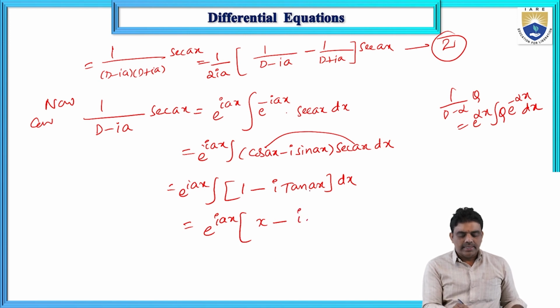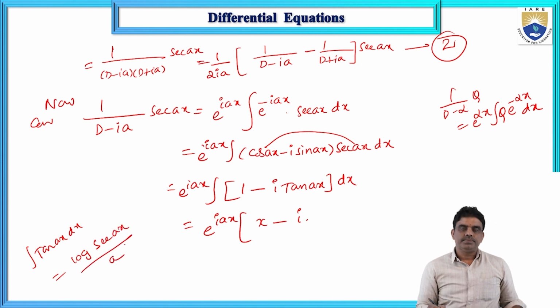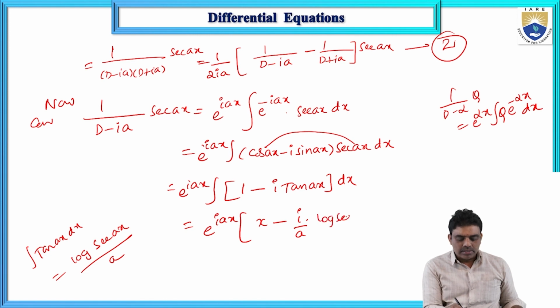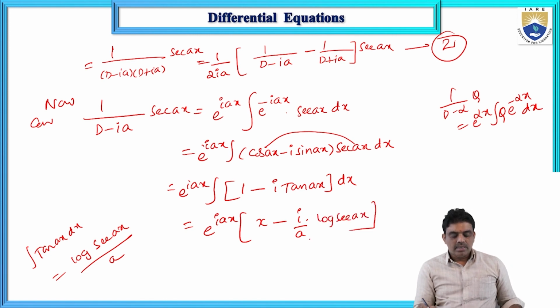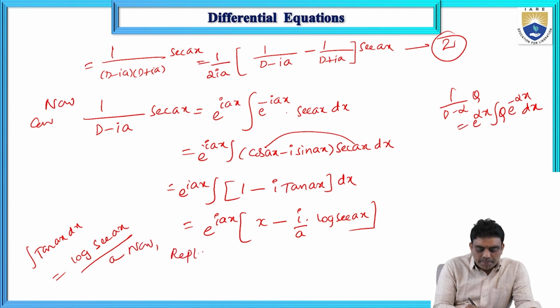The second term has the constant i, and this is integral tan ax dx. What is integral tan ax dx? It is 1 by a log secant ax, so minus i by a log secant ax. This is the integral tan ax dx formula. So this is 1 by d minus ia of secant ax. Now replace i by minus i.